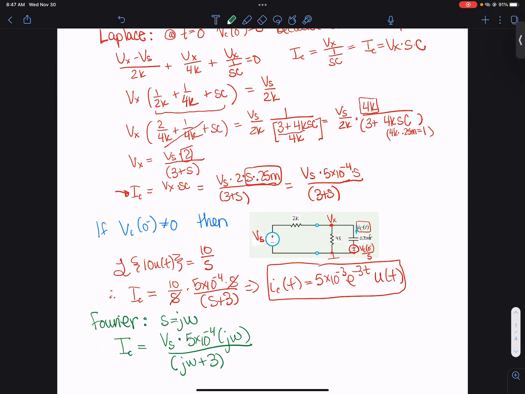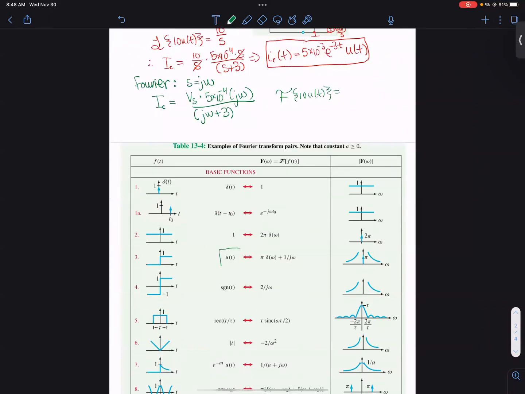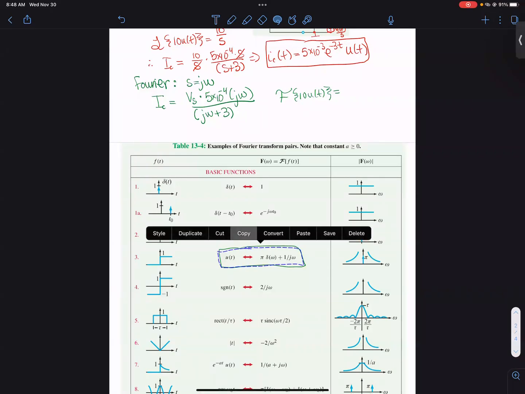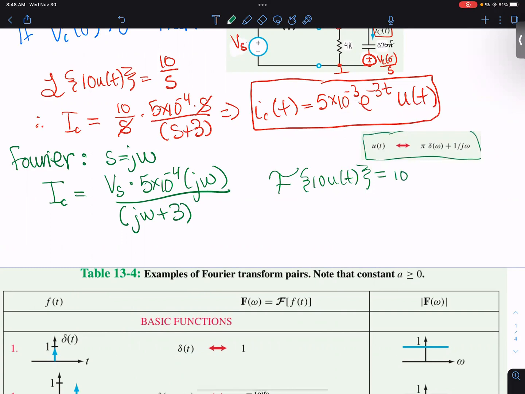And now we take the Fourier transform of 10 u of t. So that's going to be 10 pi delta omega plus 10 over j omega.